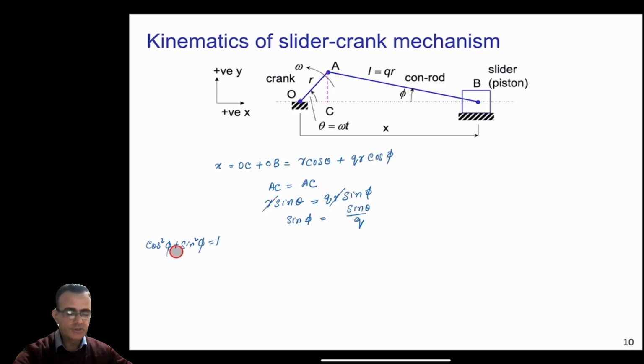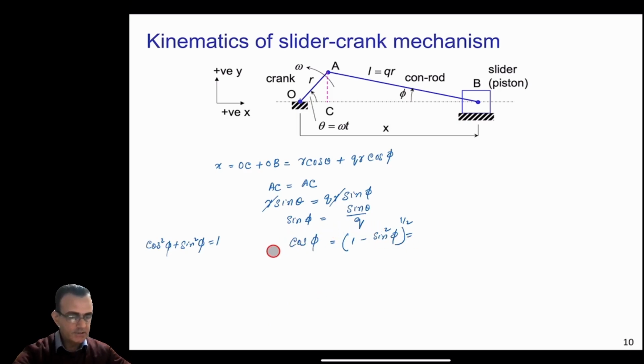If you use this equation, then we can calculate cos phi, which will become the square root of 1 minus sine squared phi. This becomes to the power half because it was a square root.